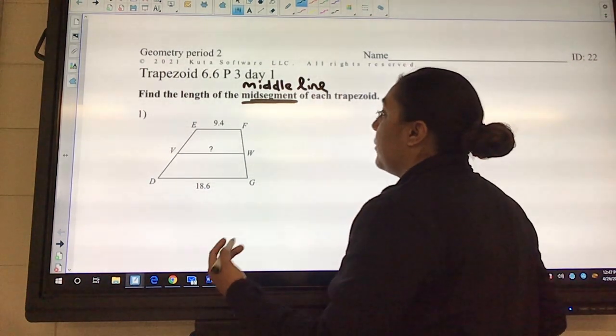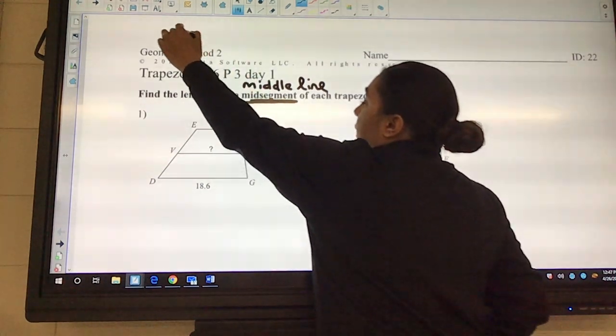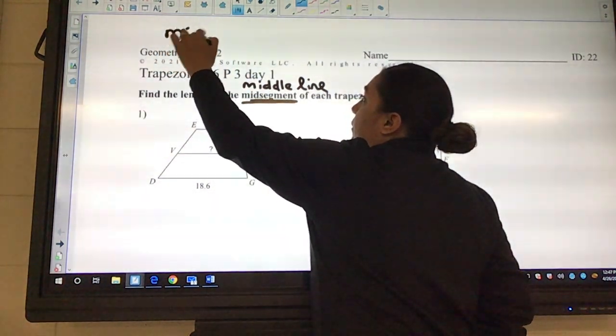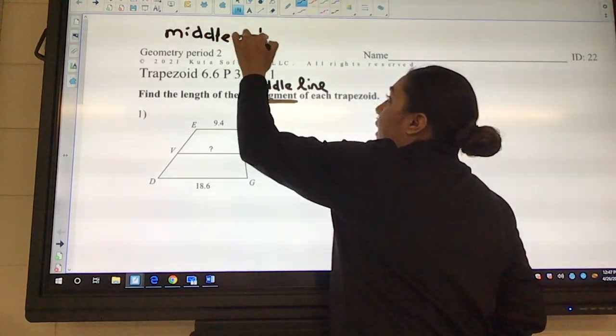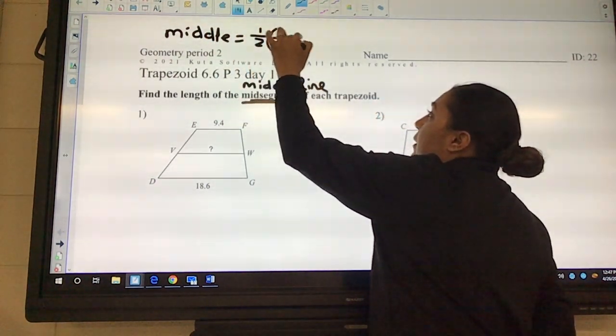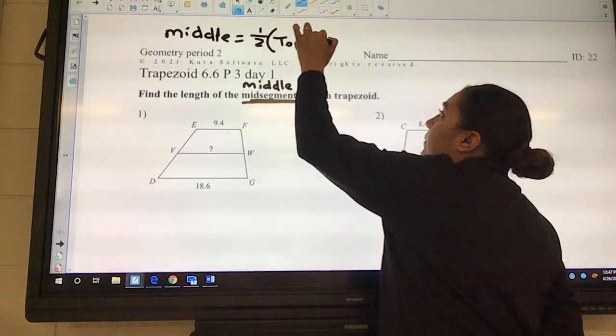But here is the formula. We could say the middle is going to equal 1/2 the top plus the bottom.